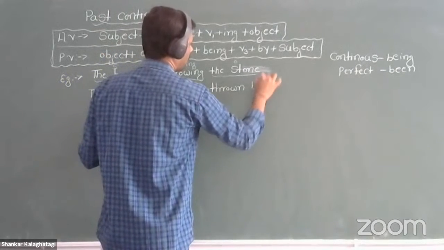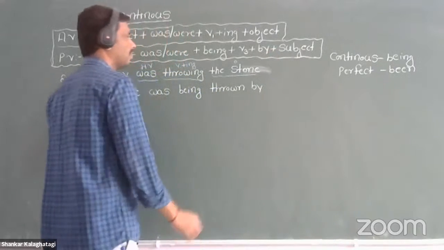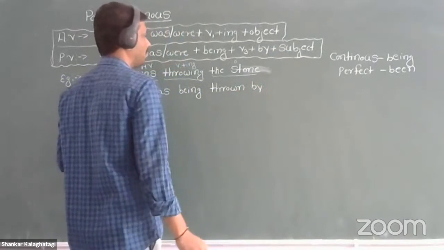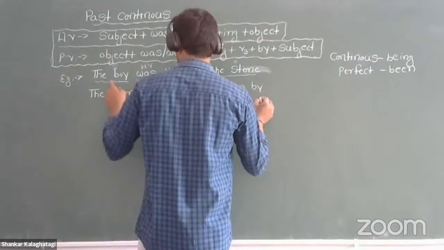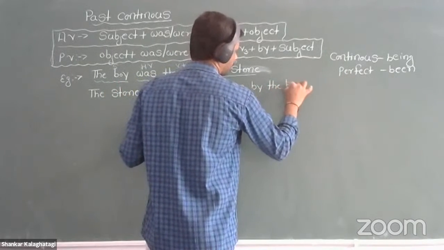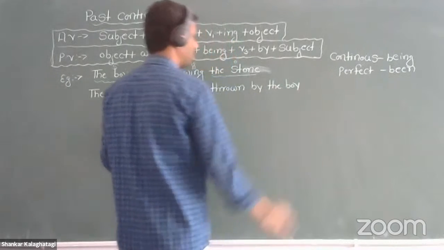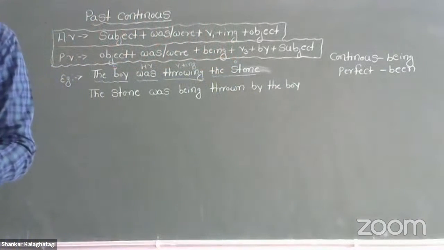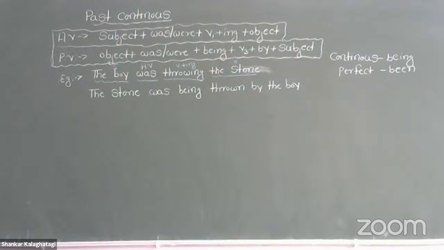Now we write by because the structure demands it. And last we write the subject, that is the boy. Simple thing. So this is the first example. The stone was being thrown by the boy.